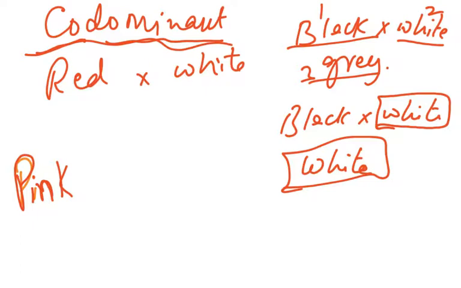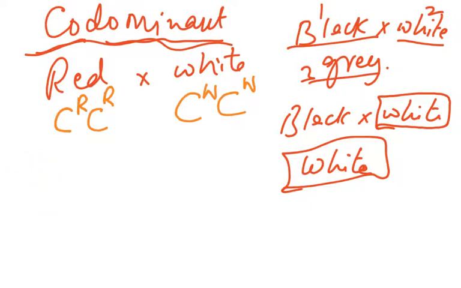So we have codominance, and I told you in the question that they are red into white, all pink. So this must be given in the question. Please don't, as I told you, you don't have to memorize anything. So this will be C raised to the power R, and the white will be C raised to the power W. Now you can understand why we say all will be pink.